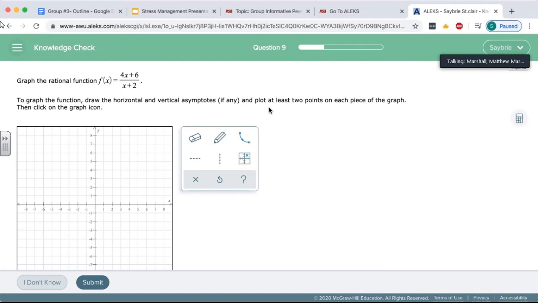So if you want to start on that, let me give you a picture of what my graph looks like. So the picture I'm sending you, it looks like you got a dotted line going through -2 on the x-axis there.